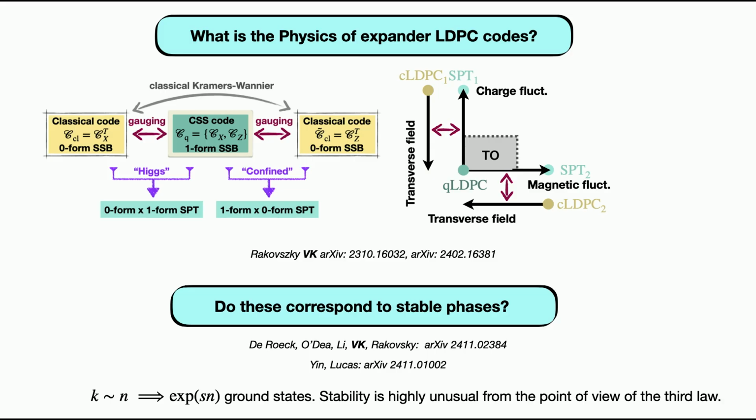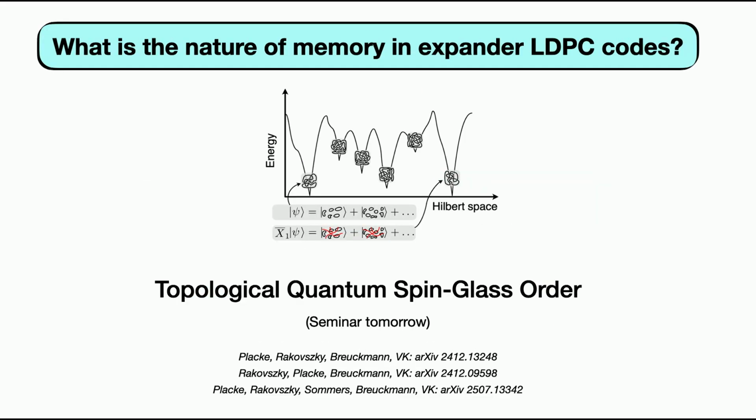Then you can ask, similar to what I was saying about active and passive decoding, what is the nature of memory in these expander LDPC codes?